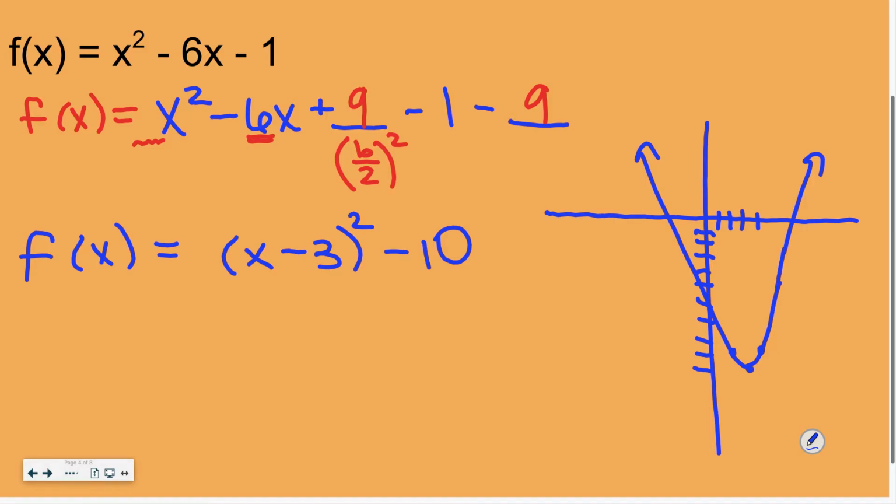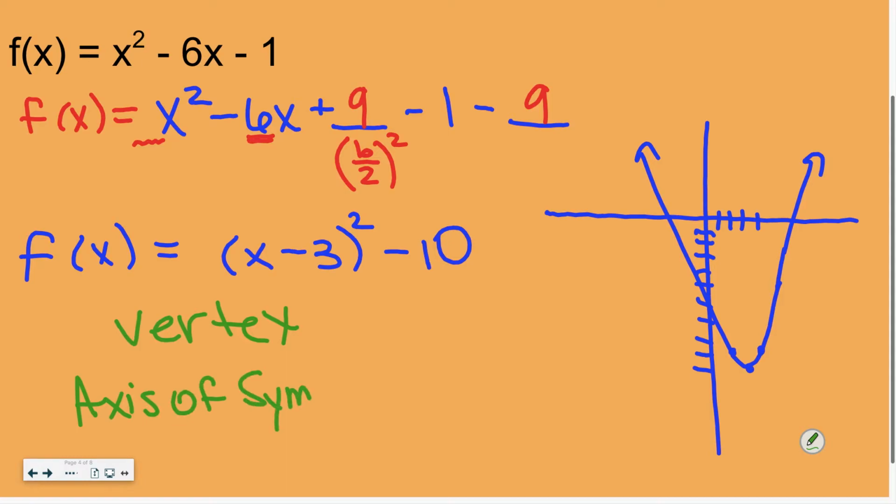The graph did not take very long. We're going to need to identify our vertex and axis of symmetry.